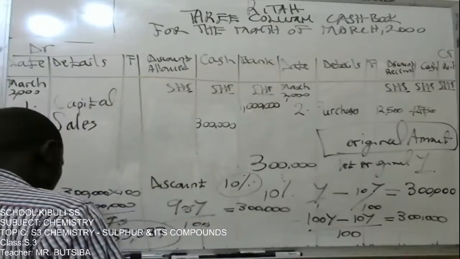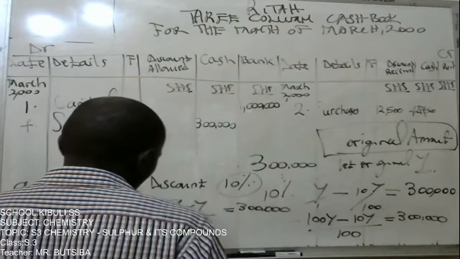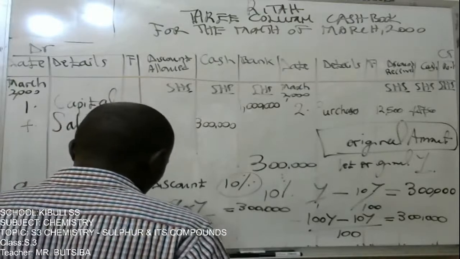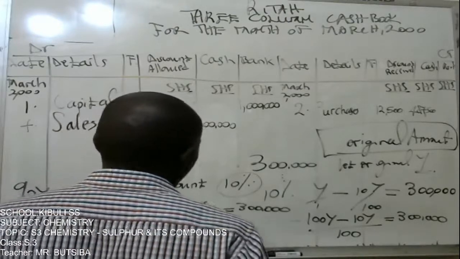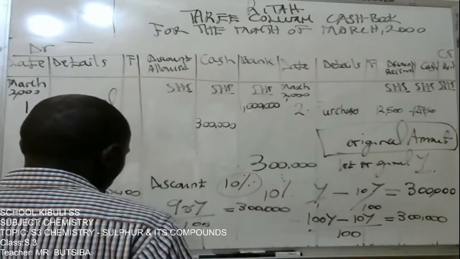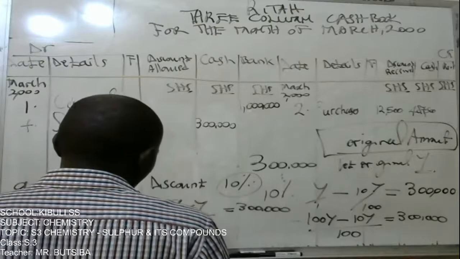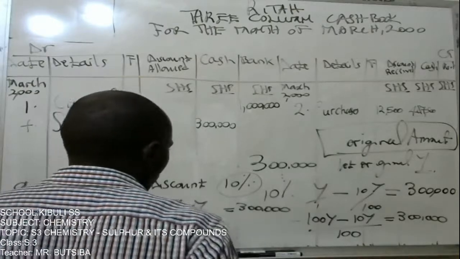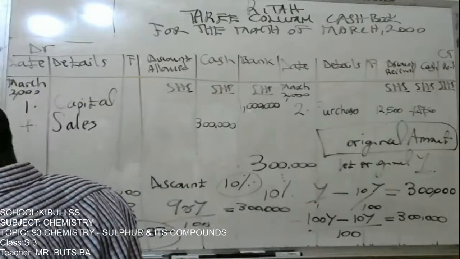You don't round off when it comes to amounts. You leave the 33. You don't transfer points. So if the original amount is that, you leave this 33.